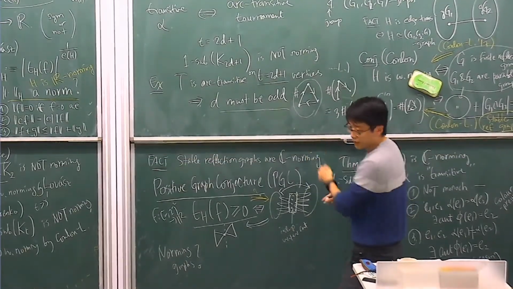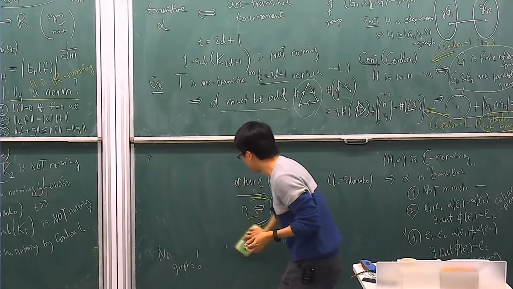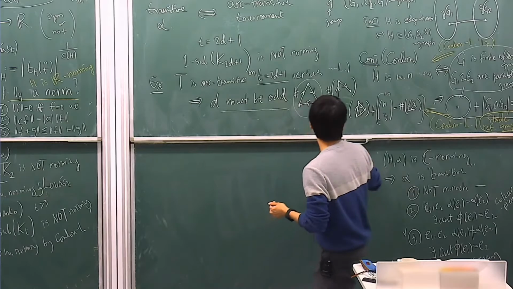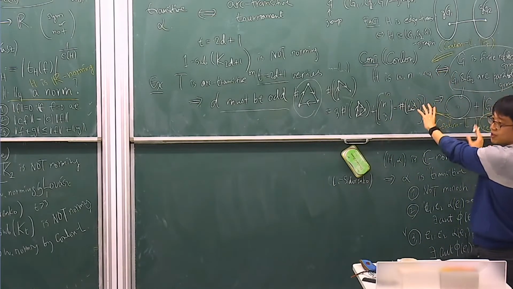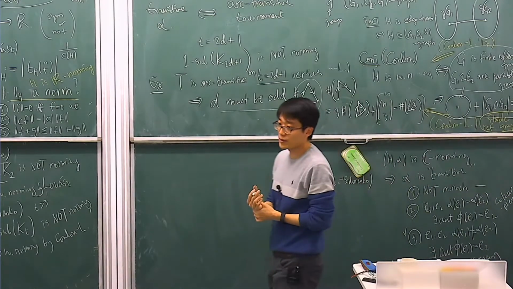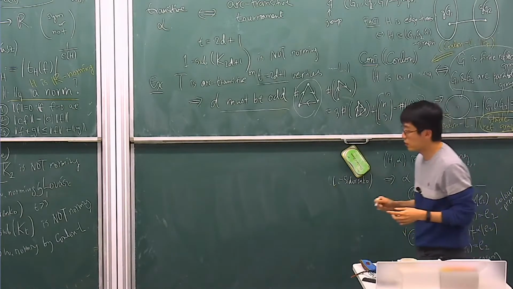So let me just finish by talking about some open problems. The ultimate goal is to prove this ultimate conjecture over here, the complete classification of weakly norming graphs or norming graphs. But there are some other interesting questions.